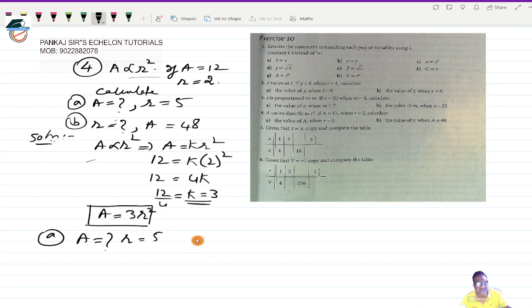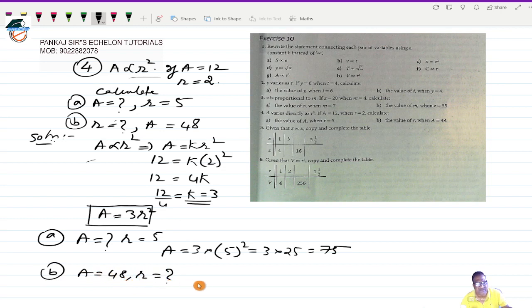Okay. So I'll put it in this formula. Give me A is equal to 3 times R is 5. Okay. So 5 square. So it will be 3 times 25, which is equal to 75. Then B is, they have told me that A is equal to 48 and they have asked me to find out what is R. So I will put in this formula A is equal to 48 equal to 3 times R square.